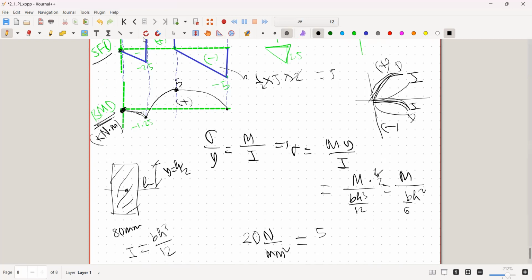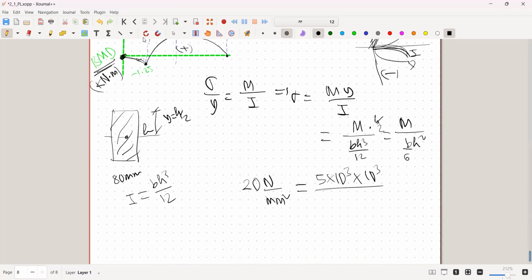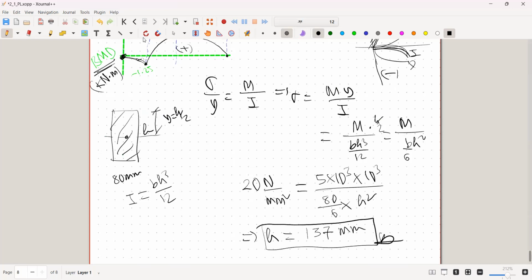So 5, we put it back to Newton, times 10 cubed, and from meter to millimeter, also 10 cubed. And b was given, 80 over 6, and simply h squared. If we calculate by calculator, we end up getting h equal to 3137 millimeter. So that is the answer to this problem.